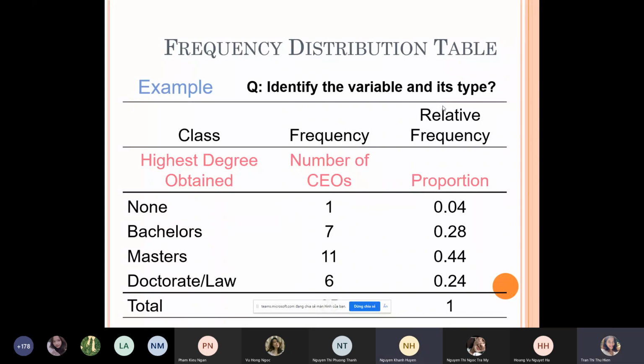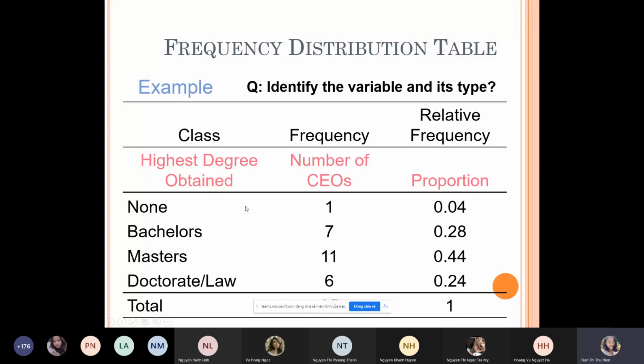The number of CEOs? The proportion? Degree, yes. Actually here it is the highest degree obtained for the whole population.